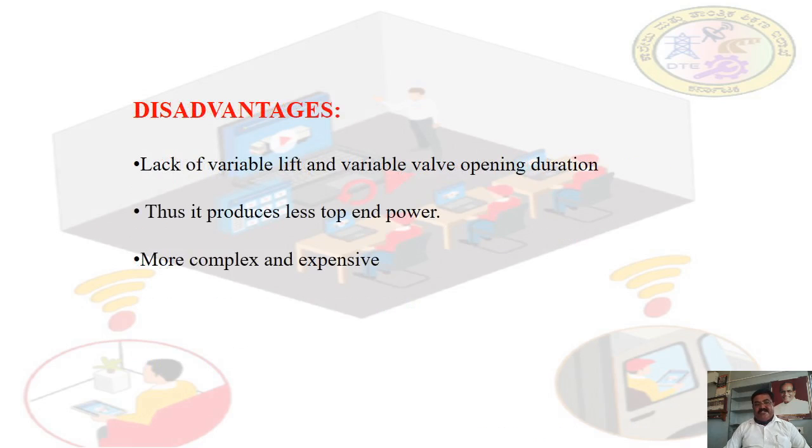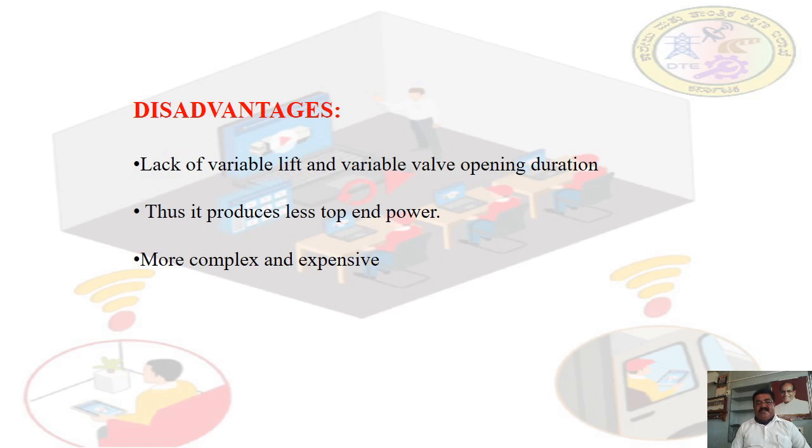The disadvantages of VVT. Lack of variable lift and variable valve opening durations. Because even on a single shaft it consists of more cams, I think there is a lack of sequences. So this is the major disadvantage of this system.